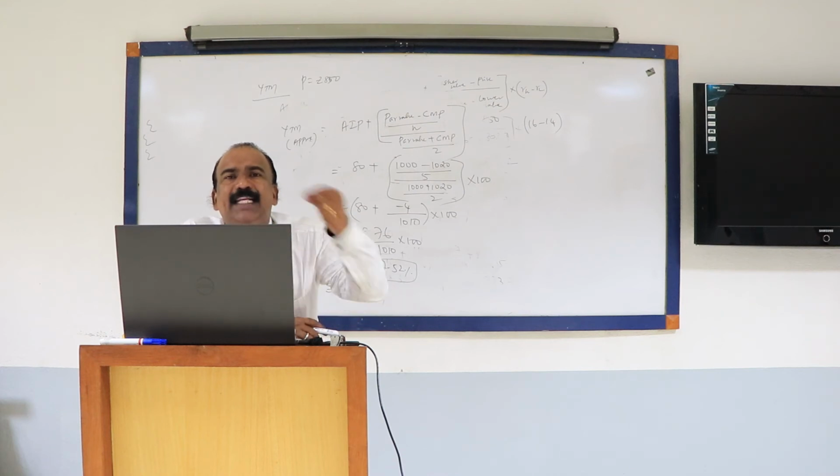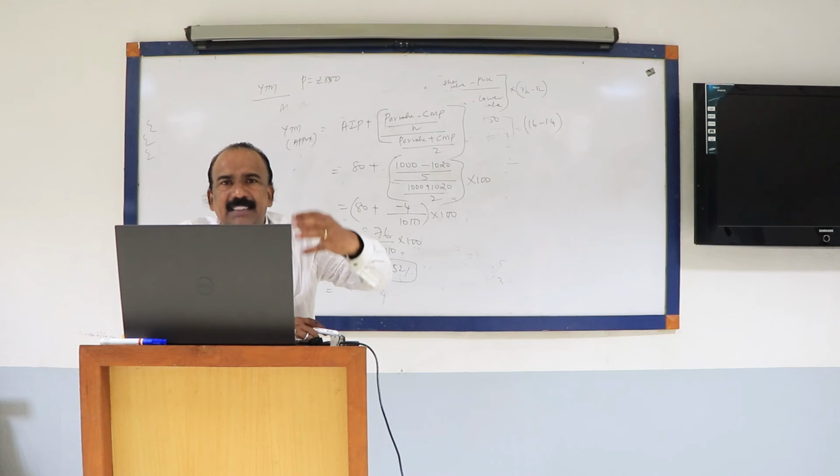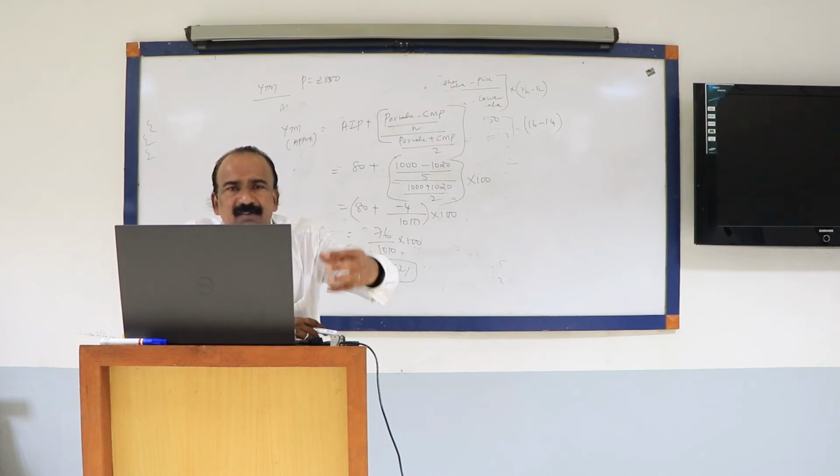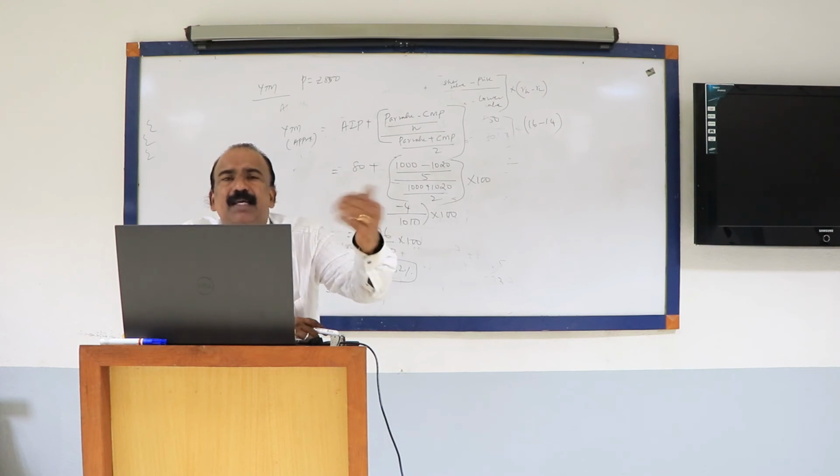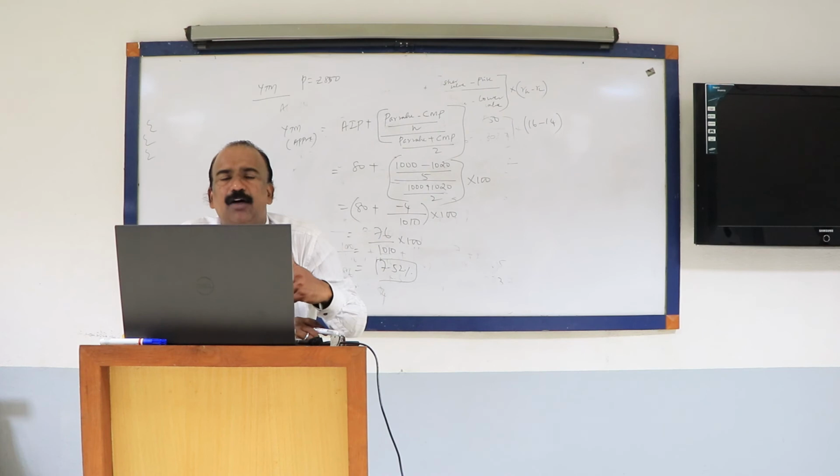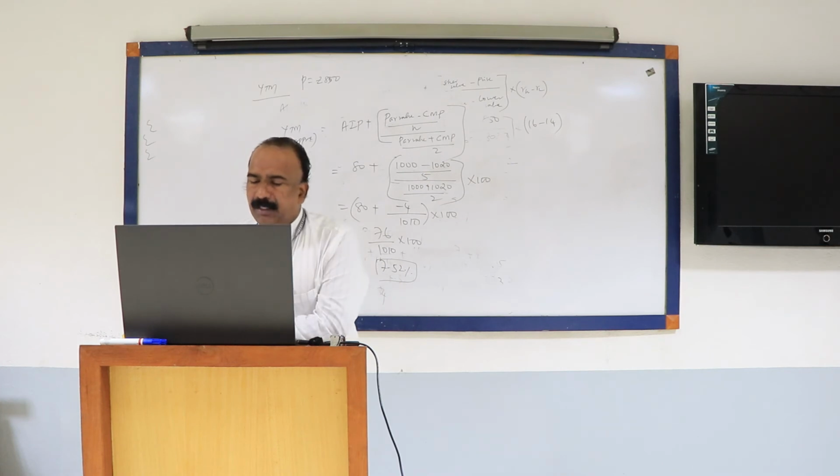When he is reinvesting, he invests the same 80 rupees in some other bond, and he will receive an interest yield of 7.51. That is the YTM. But the reinvestment rate is different. The reinvestment rate is 7%.